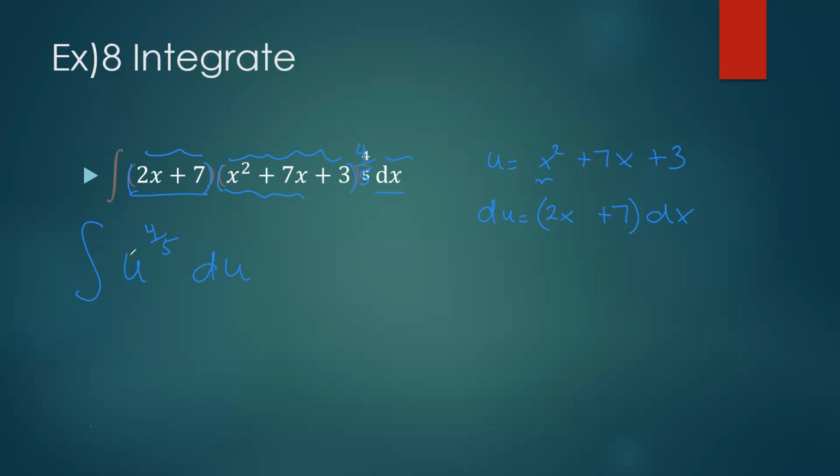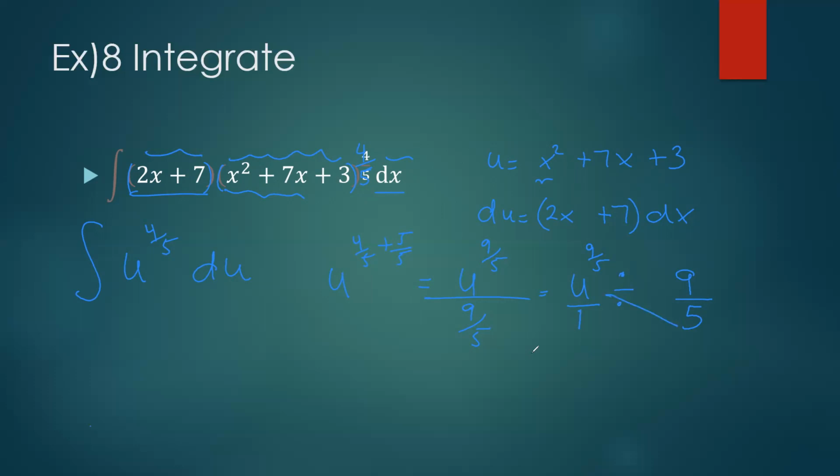Okay, and then what's the integral of u to the 4/5? It's 4/5 plus 1, or in our case 5/5, so that would be u to the 9/5 divided by that power. You can rewrite this as u to the 9/5 divided by 9/5. This u has a denominator of 1, and then cross multiply.